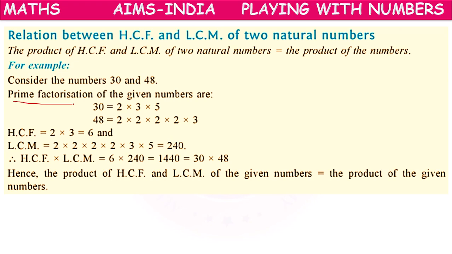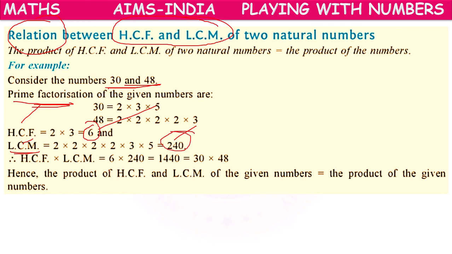So with the help of prime factorization, for the given two numbers we have calculated the HCF, it is 6, and the LCM, it is 240. Now, what is the relation between them? The product of HCF and LCM, HCF is 6, LCM is 240.